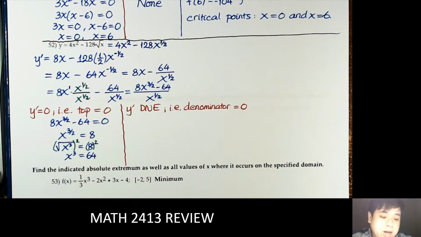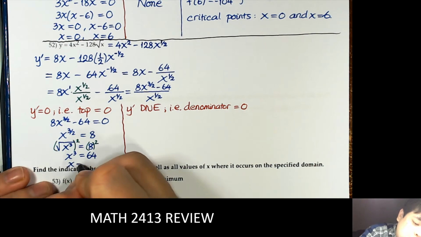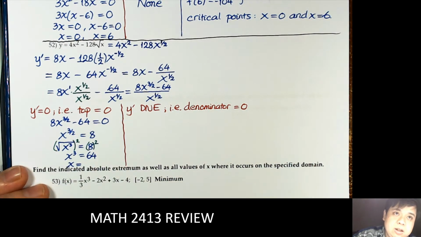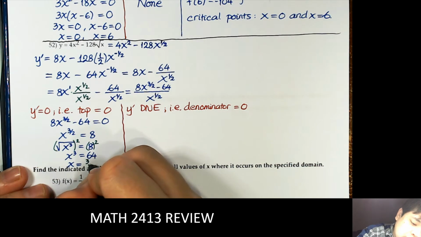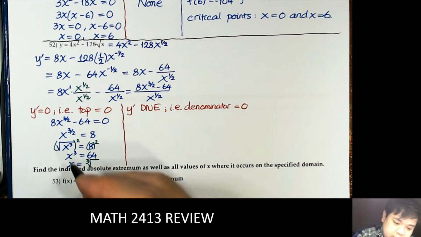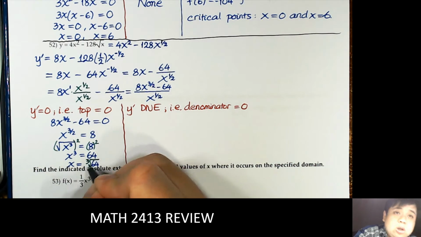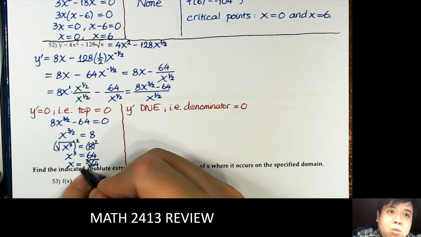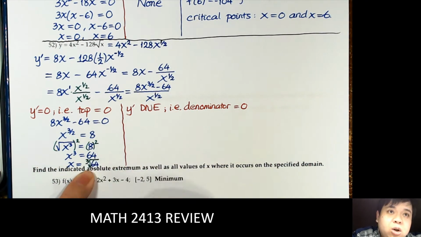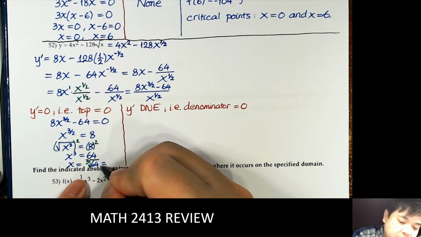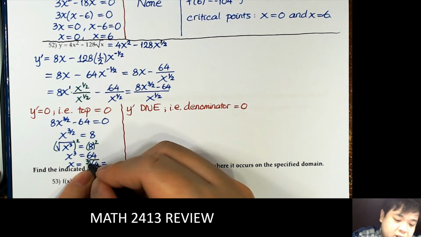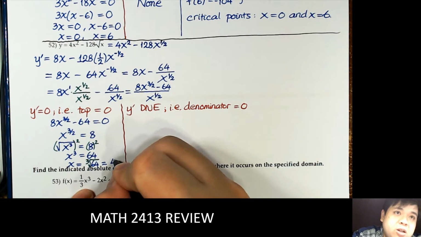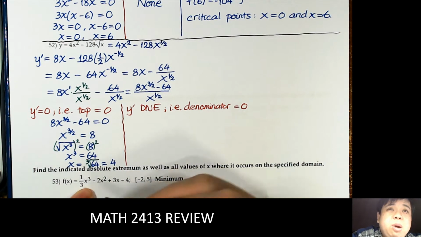And finally, to get back to x, we take the cube root of 64. Unlike a square root, where we need a plus or minus, this is an odd root, so we don't do anything. We just leave it as is. The cube root of 64 is 4. So we have x equals 4.